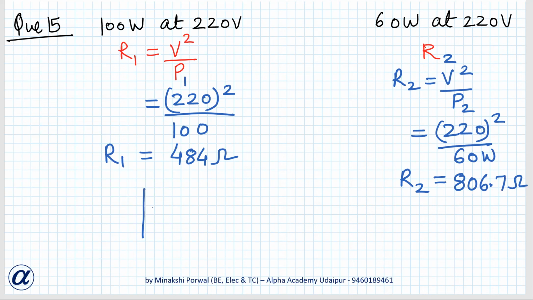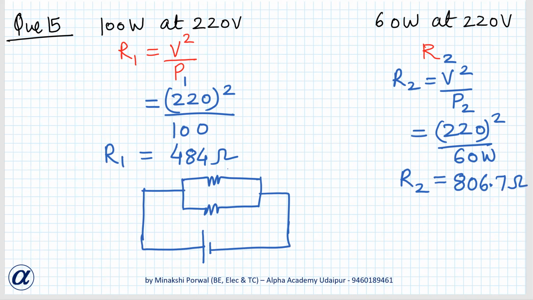So basically this is the circuit. R1 and R2 are both connected in parallel across 220 volt. This is R1, this is R2, this is 220 volt. We have to find this current I. So the first step is finding the equivalent resistance of R1 and R2.